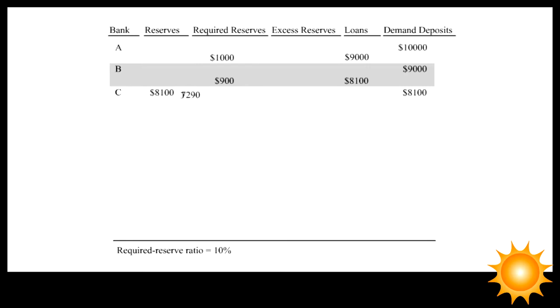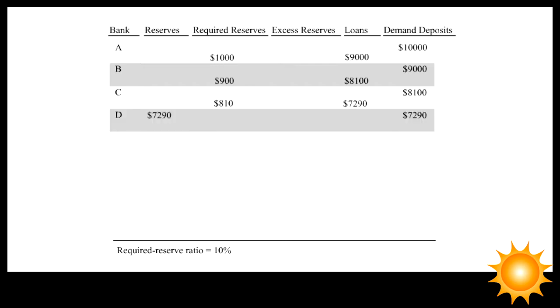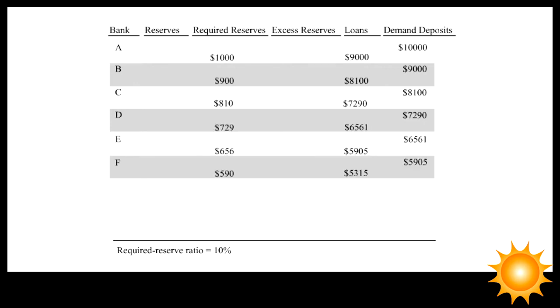Again, only 10% of the reserves need to be kept at Bank C to back up the new demand deposits. The rest could be loaned out to earn interest. Let's assume that the loan will be spent and the recipient deposits the $7,290 into his Bank D account, and so on.